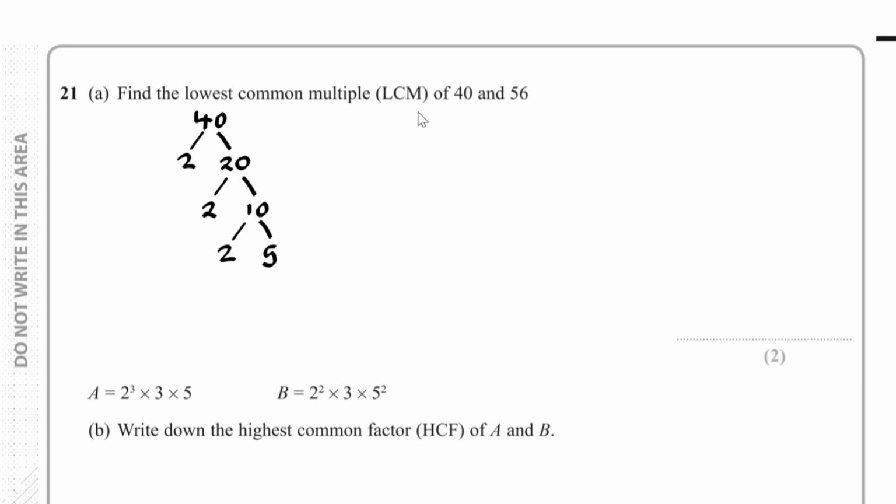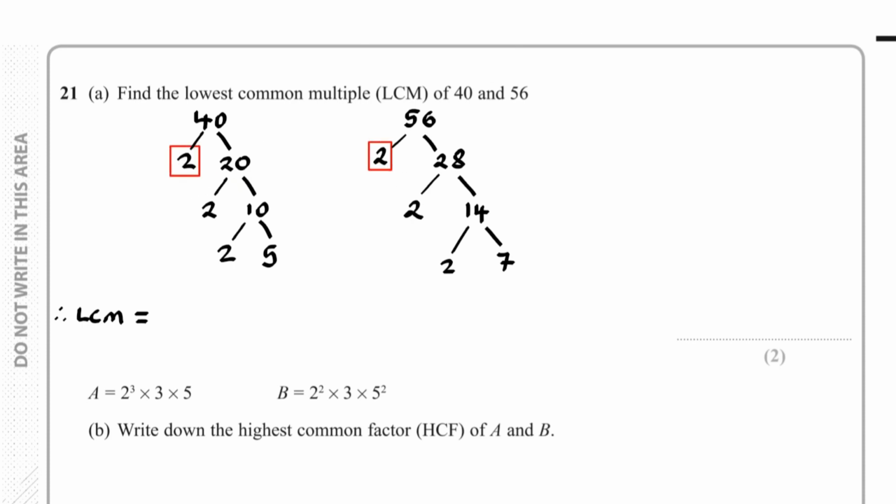Now if I think about the 56, two numbers which multiply to give 56, we've got 2 and 28. 28 we can further split up as 2 times 14, and 14 we can split up as 2 times 7. And so therefore the lowest common multiple, what we have which is common to both, we've got the 2, which is common to both.